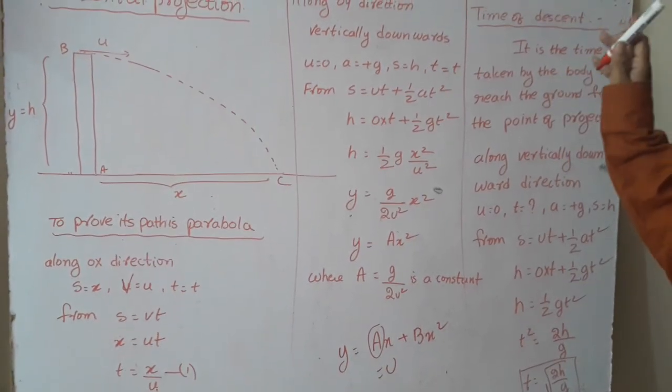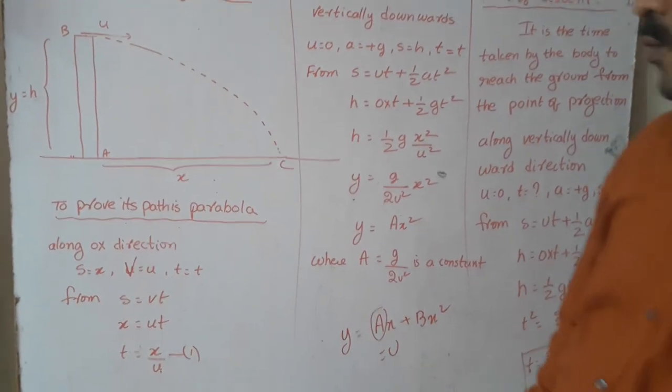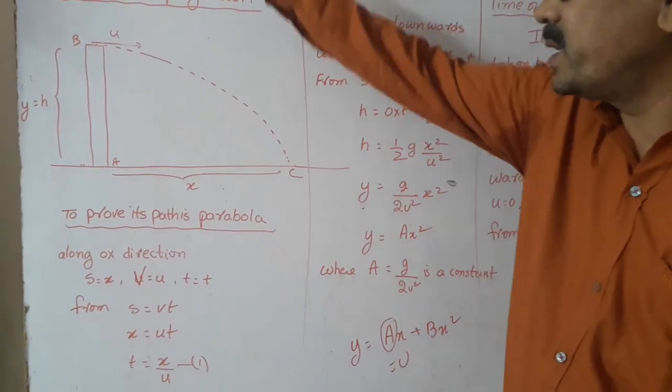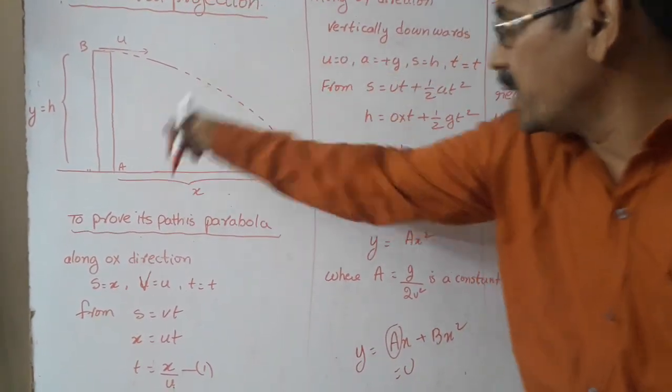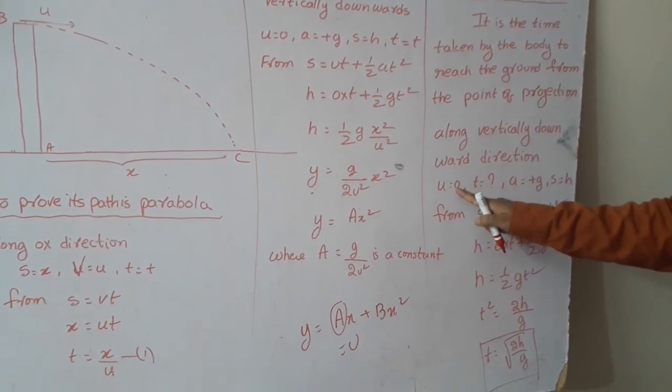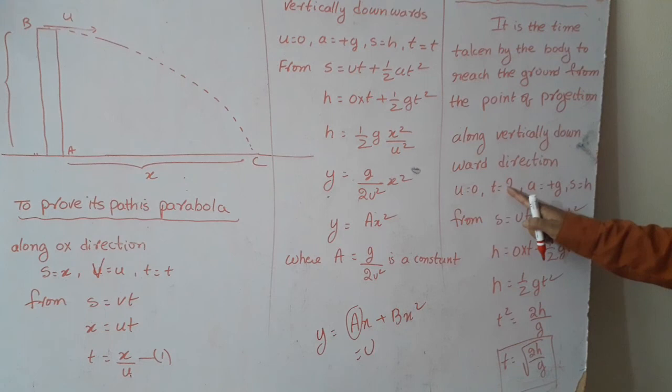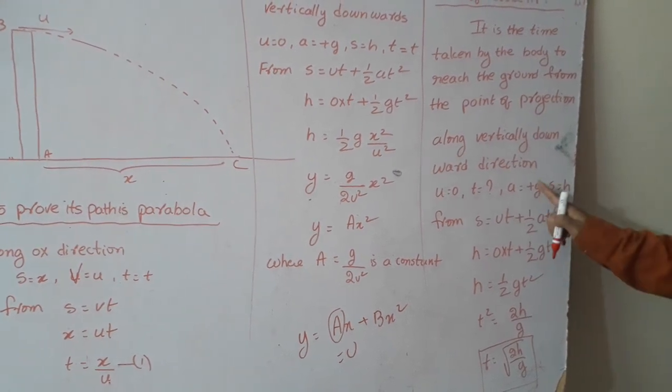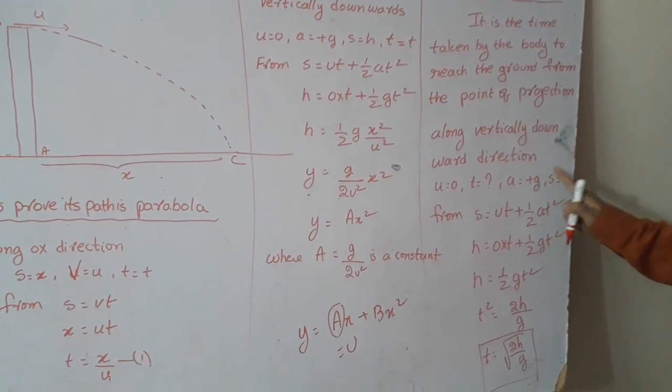To find time of descent, we must think along vertically downward direction. In this direction, u is equal to 0, t is equal to question mark, that is to be found, a is equal to plus g, s is equal to h.